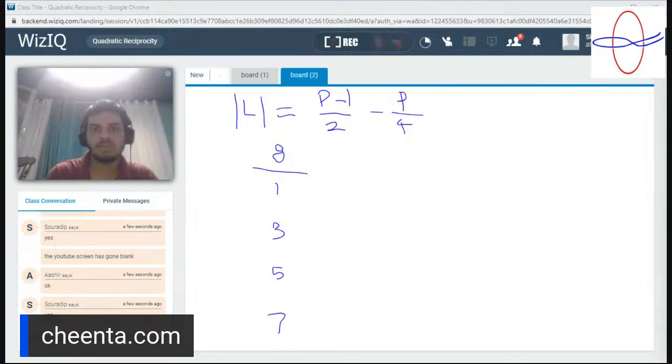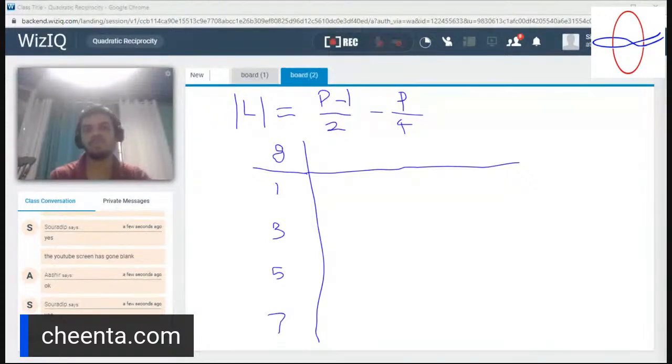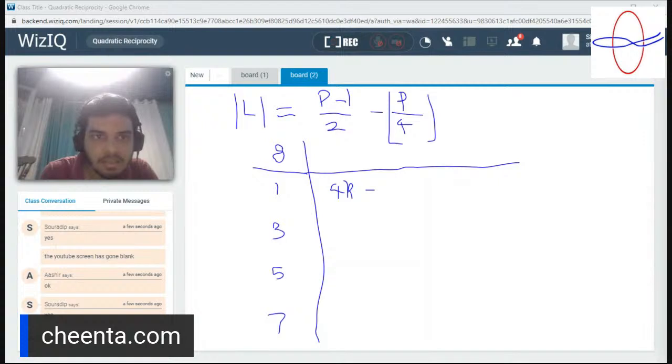So again, mod 8, if p is congruent to 1 mod 8, then (p minus 1) over 2 would be a multiple of 4. So let's just write this as 4k, and p by 4 would again be 2k.